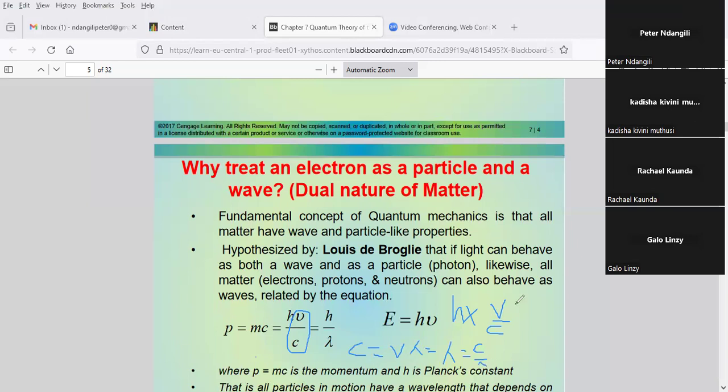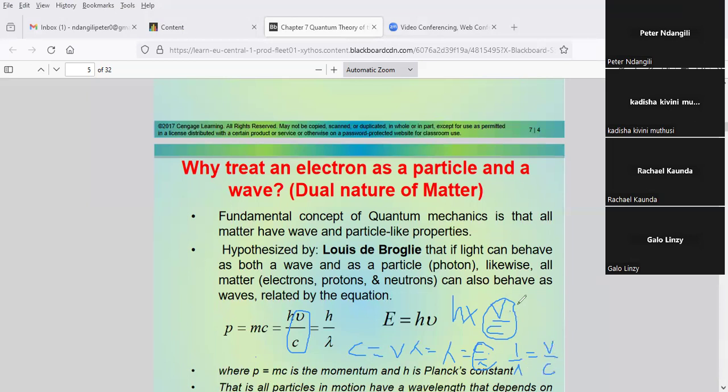But now, if you look at what we have here and what we have here, this is the reciprocal of this. Meaning that if we write 1 over lambda, it is equal to nu over c.